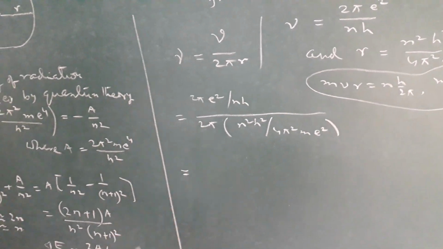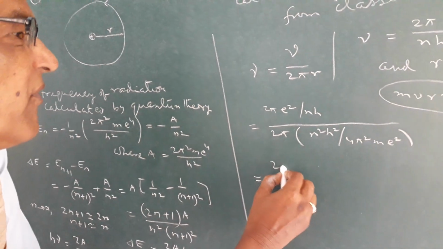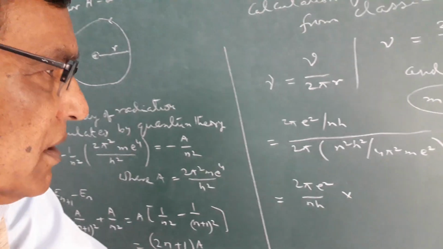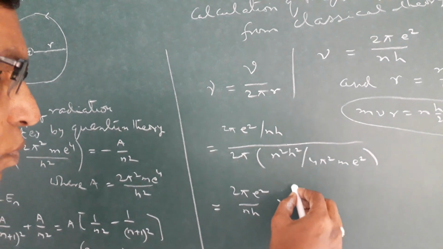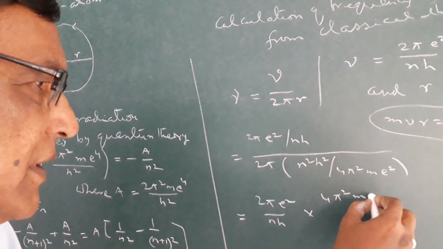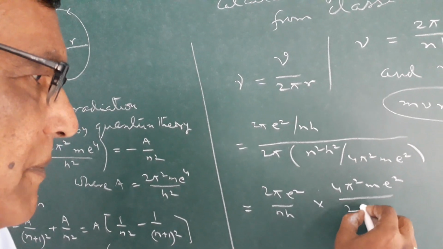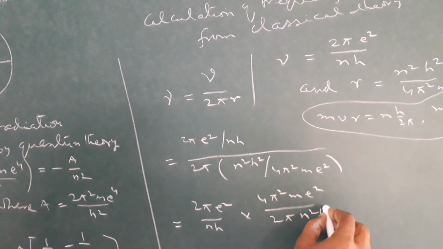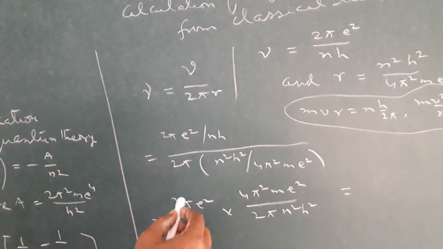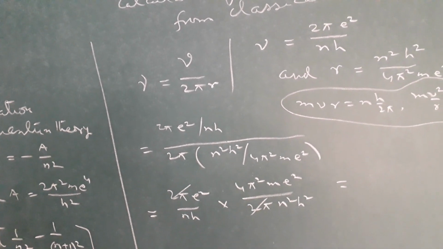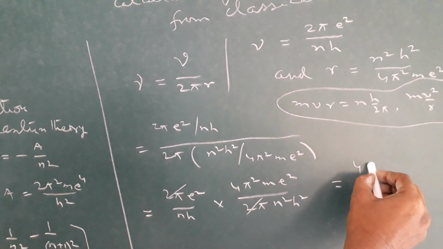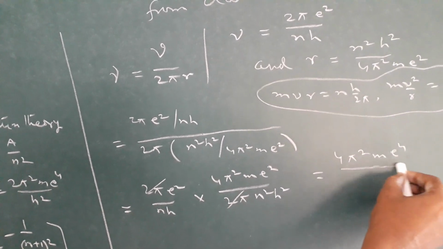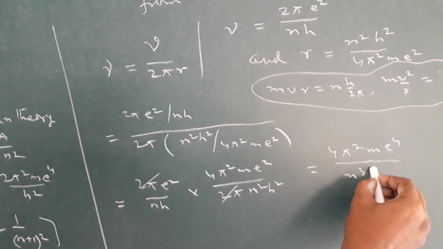The calculations will give you twice pi e square by nh into 4 pi square m e square divided by twice pi n square h square, and twice pi we can cancel, and it is 4 pi square m e to the power 4 divided by n cube and h cube.